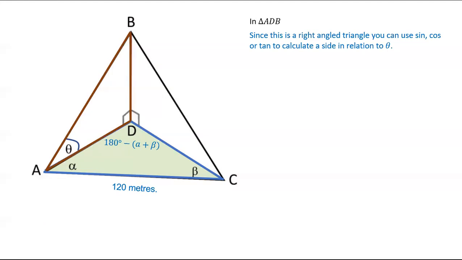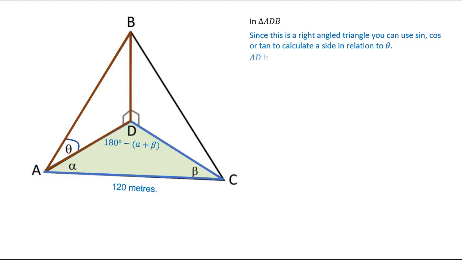It is a right-angled triangle. And since it's a right-angled triangle, you can actually use sine, cos, or tan to calculate a side in relation to theta. That's why I chose that angle, because it has an acute angle, which is theta. That's the only reason.